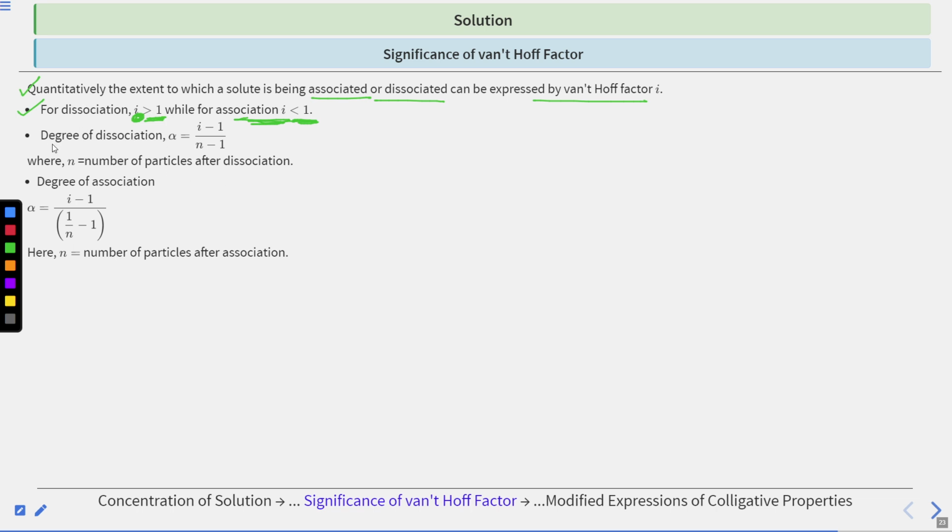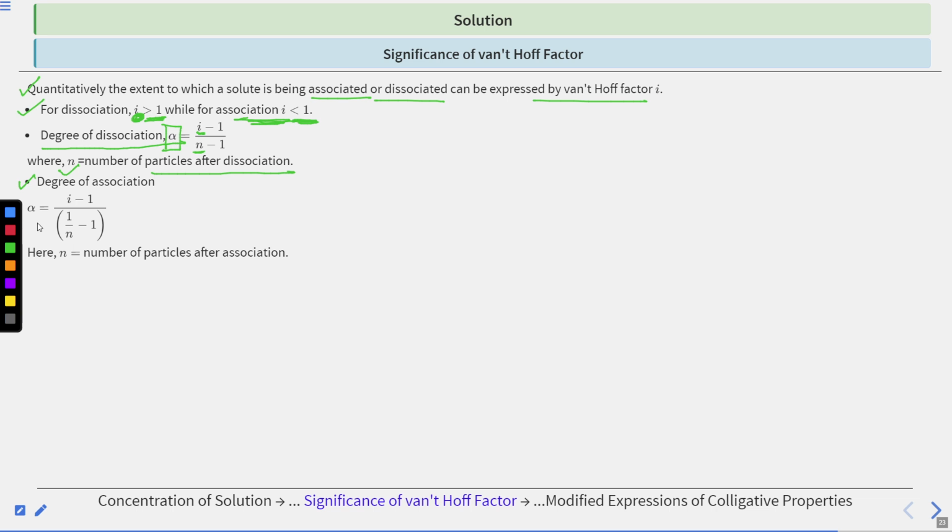The degree of dissociation is given by alpha. So alpha is defined as (i minus 1) upon (n minus 1), where n is the number of particles after dissociation. After dissociation of an electrolyte or a substance, how many particles or ions will form? That is defined by n, and i we know is the Van 't Hoff factor, so the degree of dissociation will be (i minus 1) divided by (n minus 1).